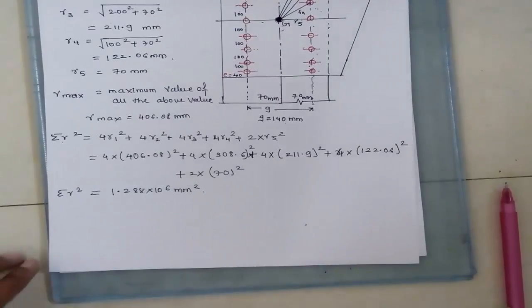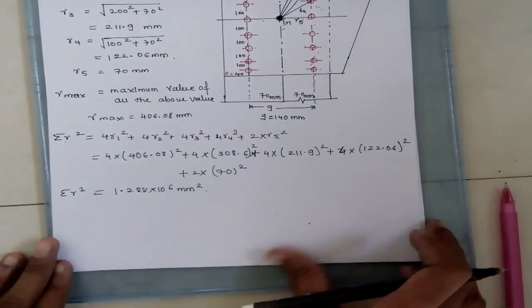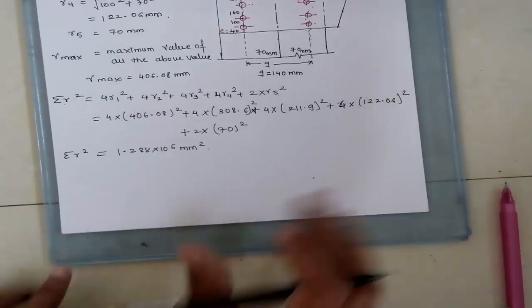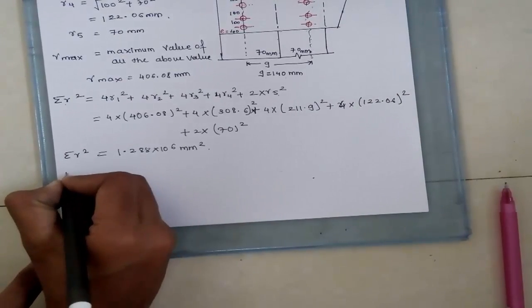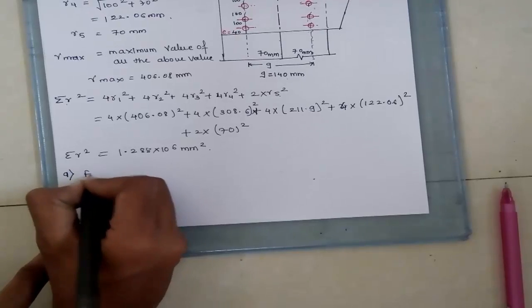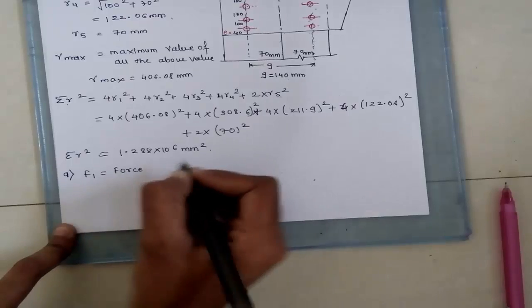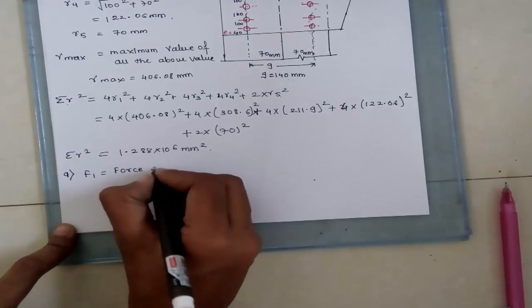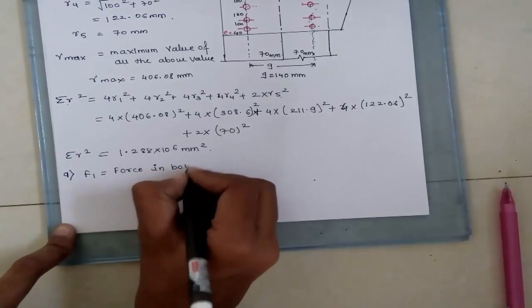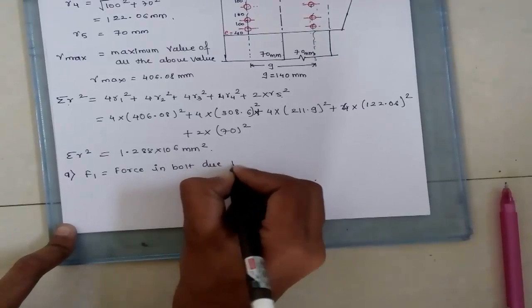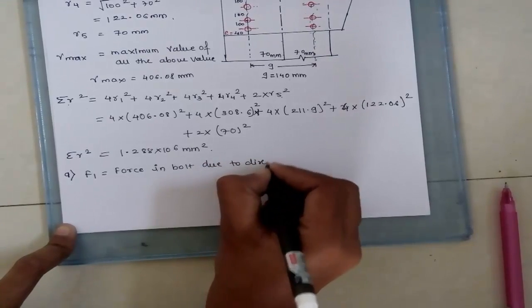Okay, now after that we have to calculate the F1. First one is F1, that is the force in bolt due to direct shear.